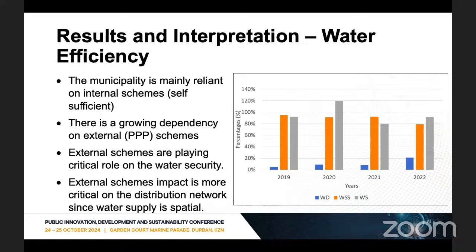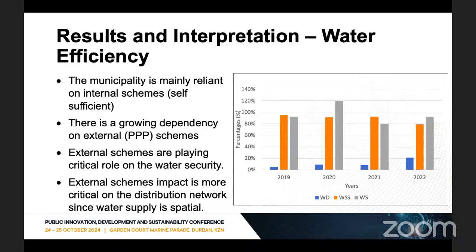That could be depicted in the picture that I have on my right. You can see that the water dependency is slightly growing, even though it's at a very low margin, it's having a positive growth. And then the self-sufficiency is also at 80% plus, and the water security after adding the external schemes is as the picture depicts.